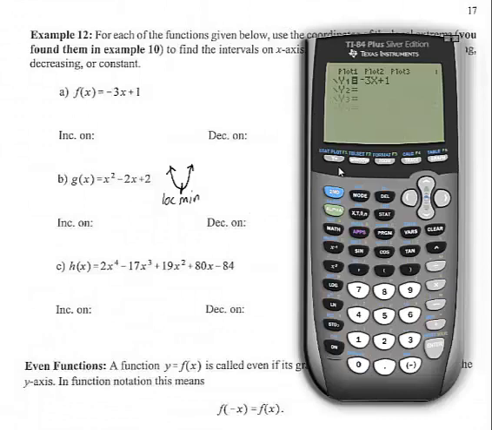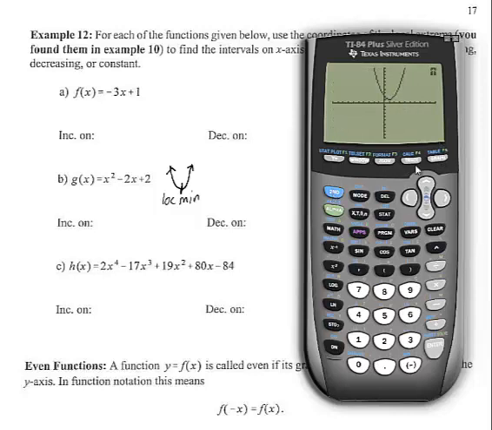So going back to my y editor, I will put in x squared minus 2x plus 2, enter, graph. There's our minimum.